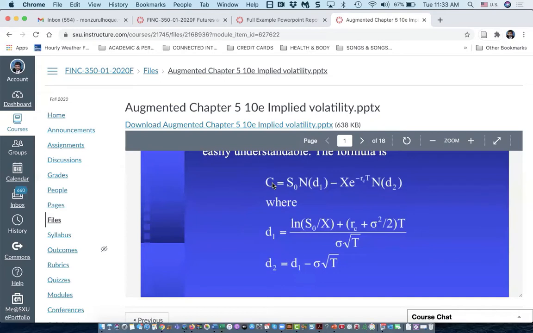So they put the market C, whatever option price you see in the market, right in here, and then solve for sigma. And they called it implied volatility because it is implied by the price that is obtained in the market.